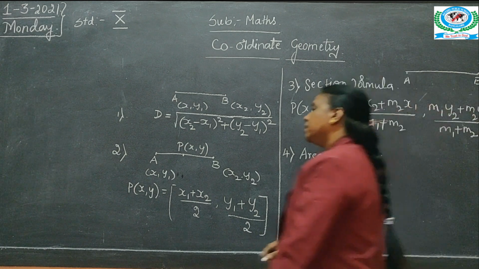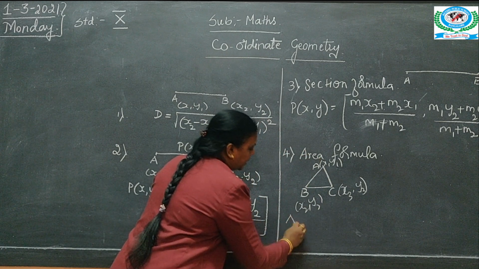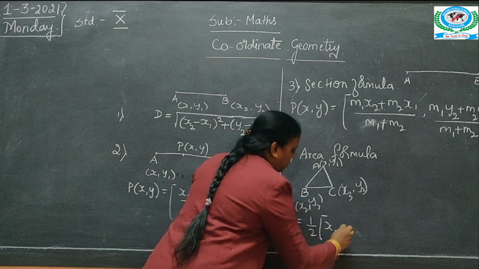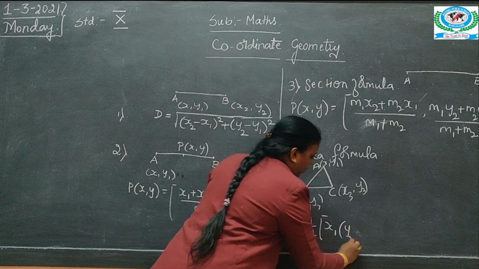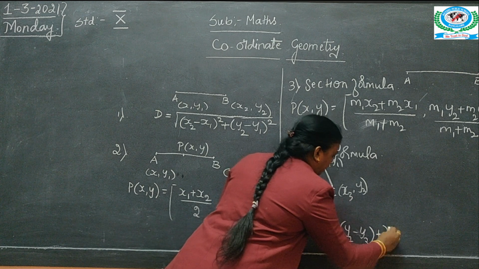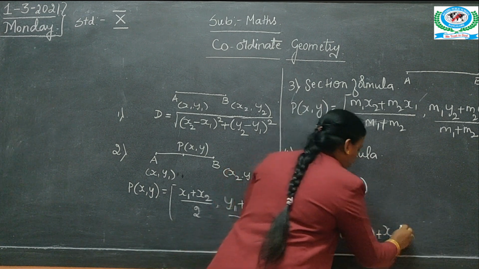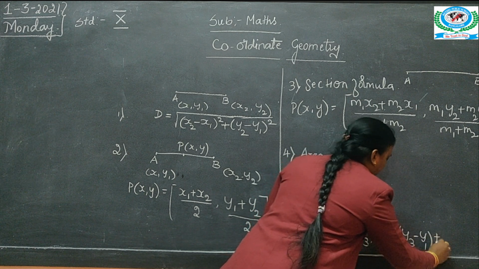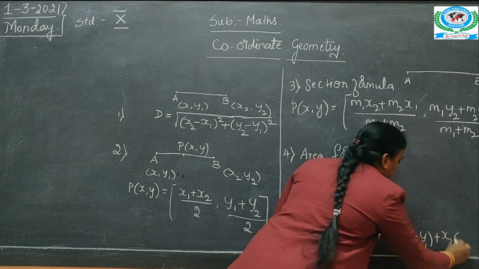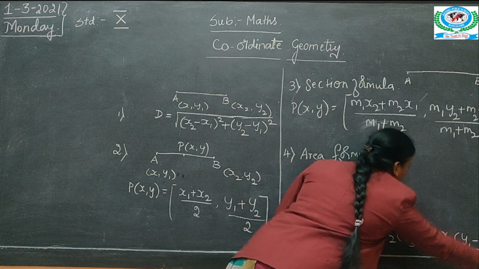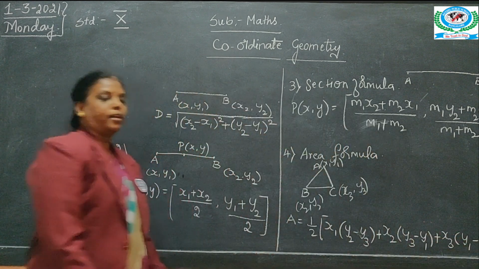So, you have the area formula. A is equal to half into x1 into y2 minus y3 plus x2 into y3 minus y1 plus x3 into y1 minus y2. So, this will be your area formula.